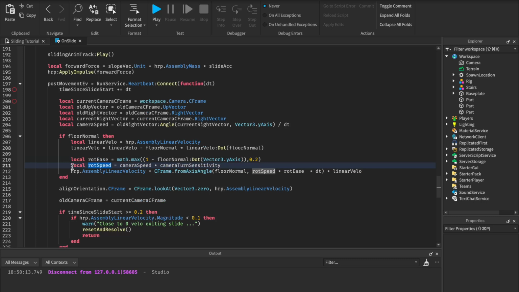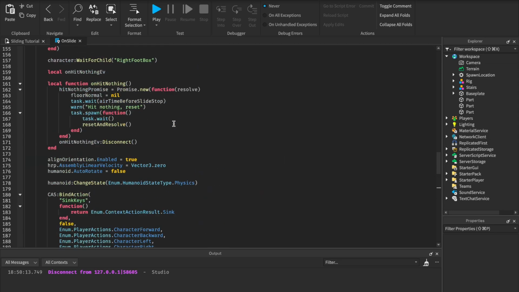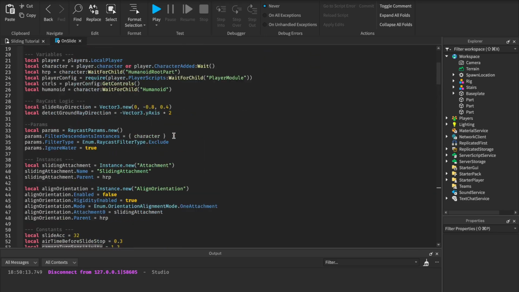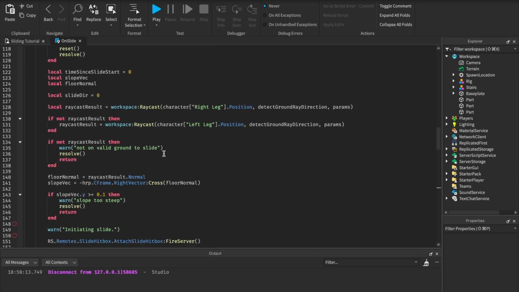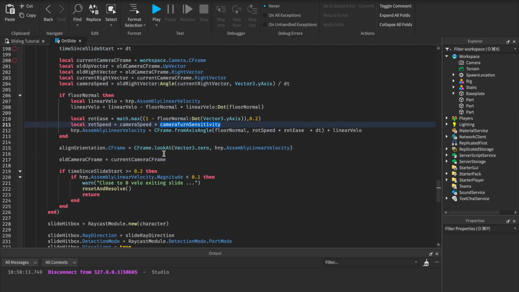And then here's the rotation speed of the character himself. That's simply the camera speed, and I've defined this variable called camera turn sensitivity, which defines how sensitive the character's rotation is relative to how fast you're moving the camera. So the higher it is, the more the character rotates when you rotate the camera.